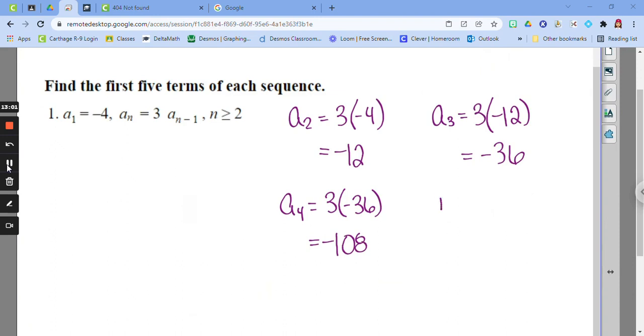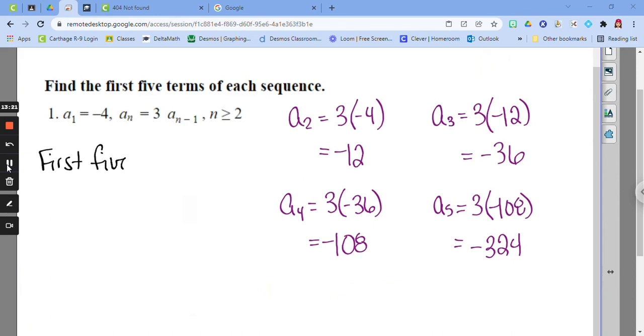And the fifth term would be 3 times the previous term, which would be negative 324. So then we list the first 5 terms of the sequence. We start with the negative 4 that they gave us for the first term, negative 12, negative 36, negative 108, and negative 324.